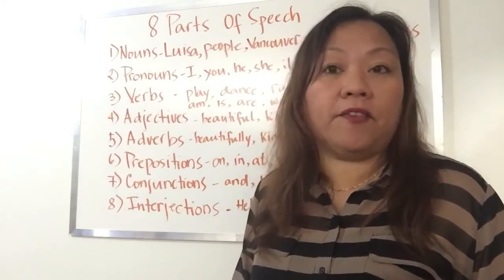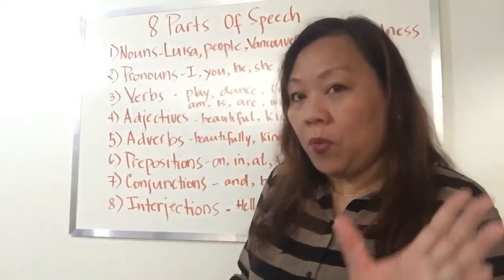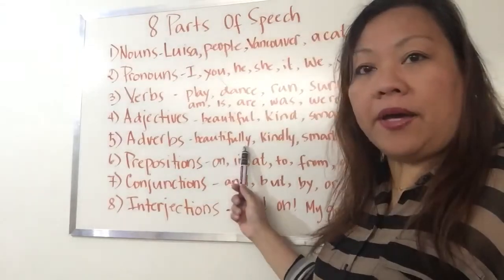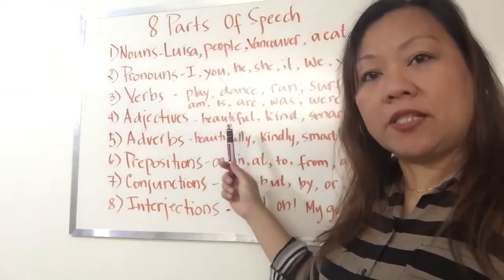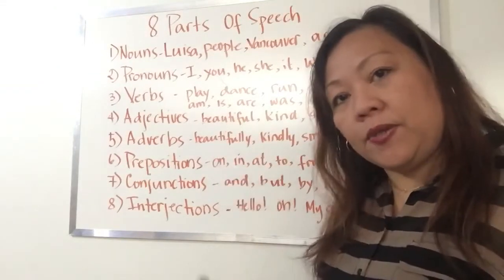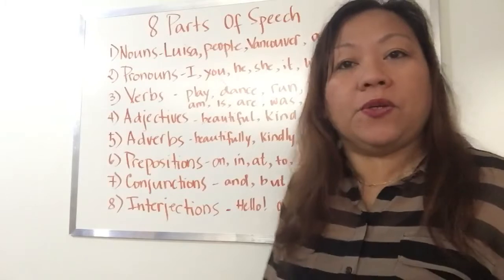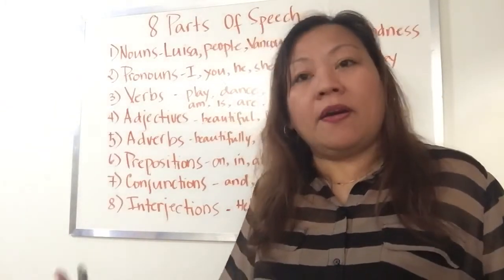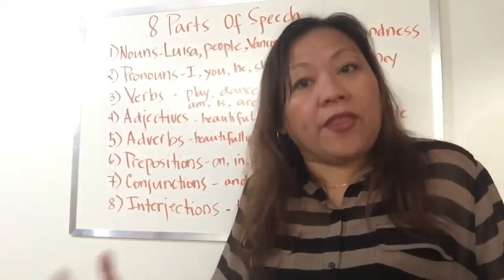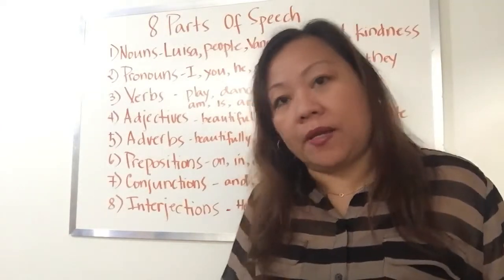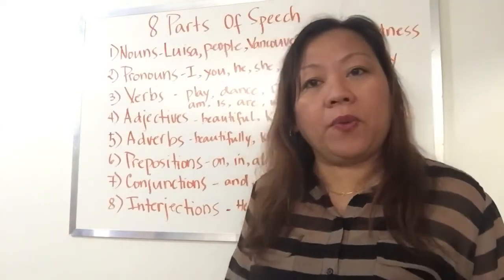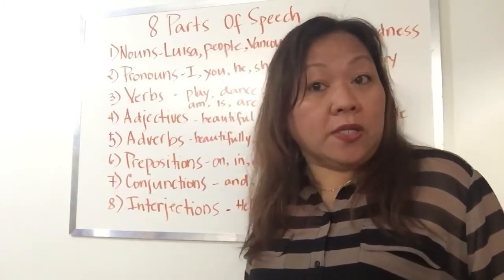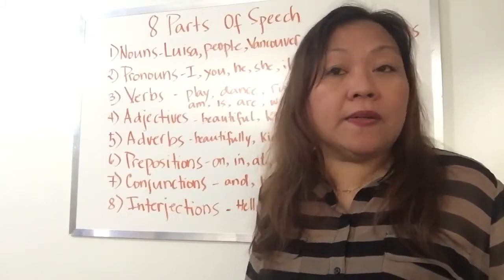So we call this adverbs of frequency. But most adverbs, again, are with the ly and they are formed from adjectives. So we use these adverbs to describe how things are done, how frequent things happen, like those examples that I gave you: always, sometimes, seldom, frequently. It's an adverb.